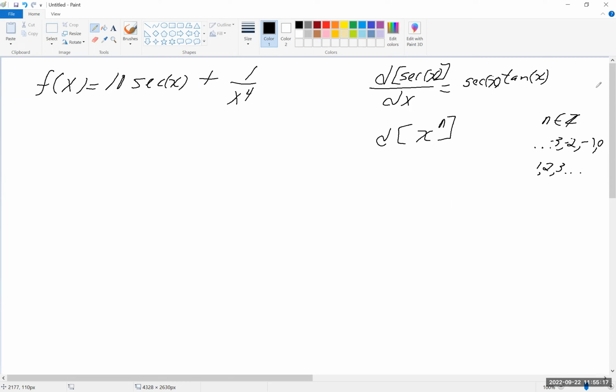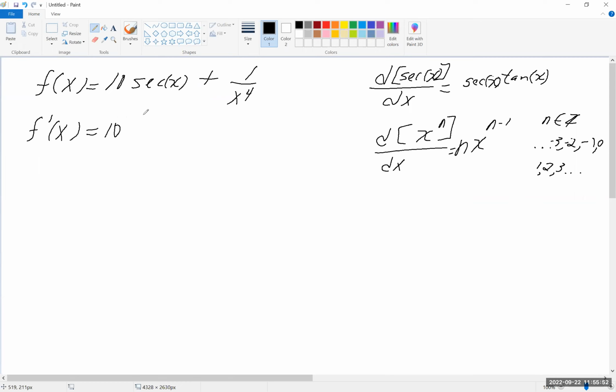So this is the expanded rule for this kind of function: you bring down the n, and this is n minus 1. Okay, so those are the two pieces that we need to figure out what f prime is. So that should go pretty quickly now that we have those two things.